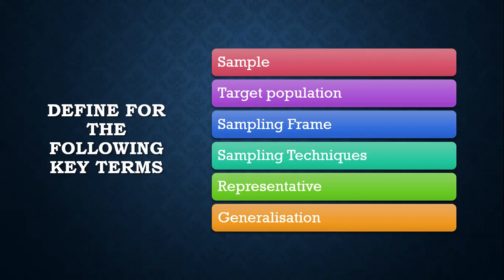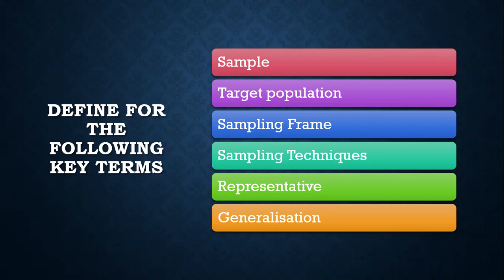Representative. Now, representative means that it clearly represents. So I always say to my students, don't use the word represent. So if we're looking at the idea of representativeness, we've got to look at, does the sample actually form a picture of who we're trying to investigate, what area that we are trying to identify.